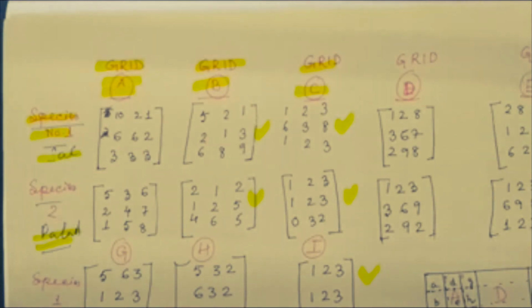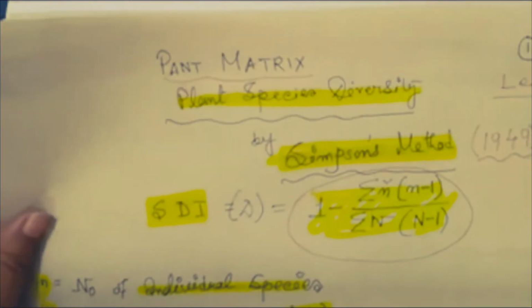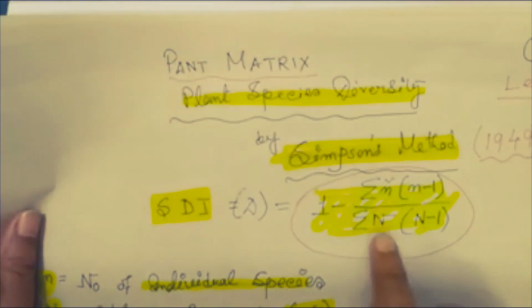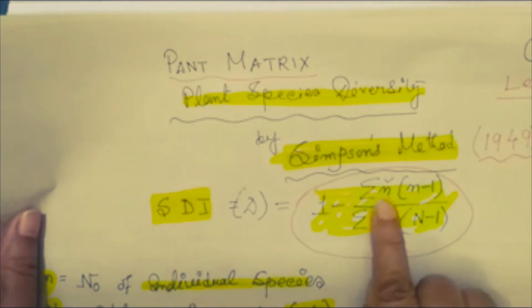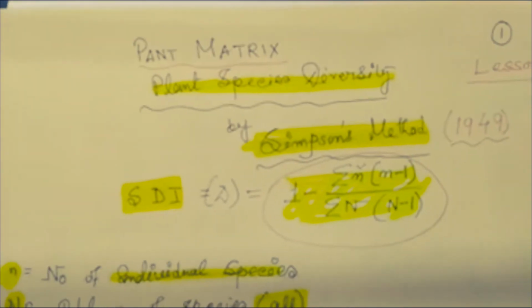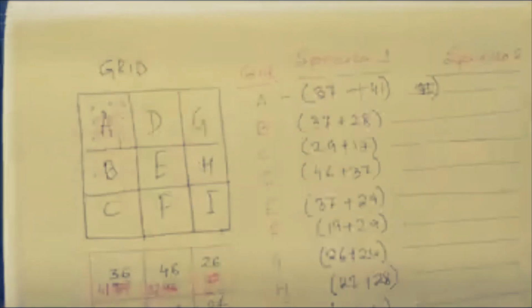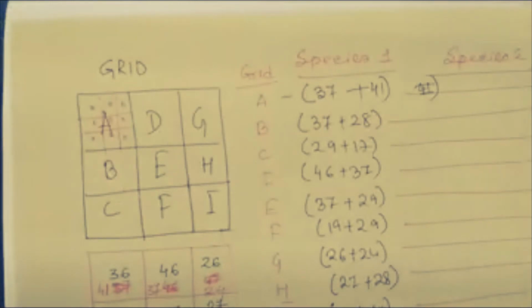Because the formula of the Simpson index includes the summation of individual n, and the capital N. So following the formula, we can identify the first thing.